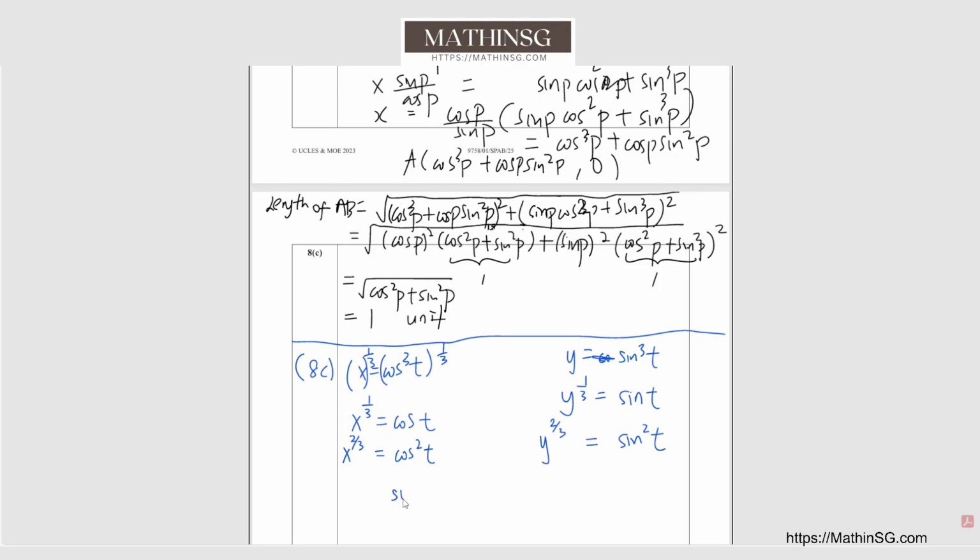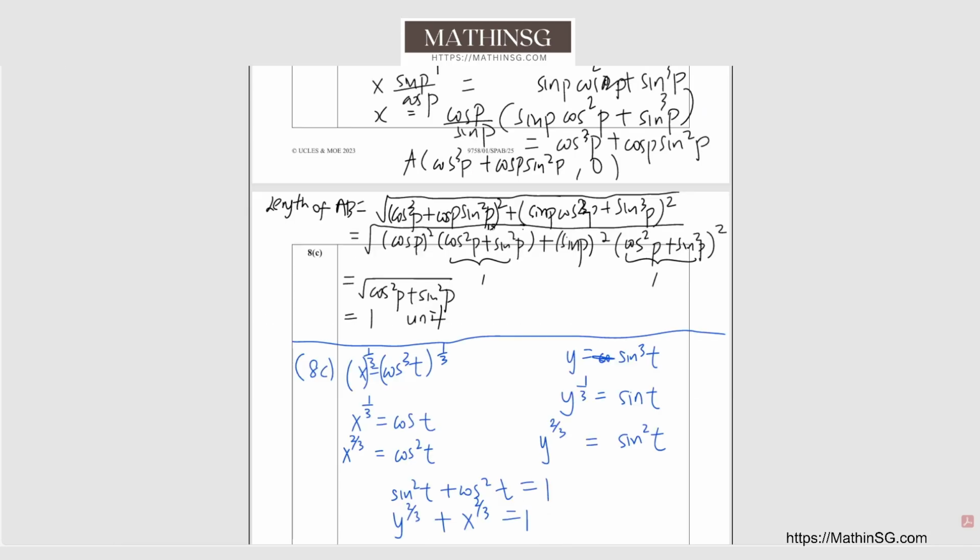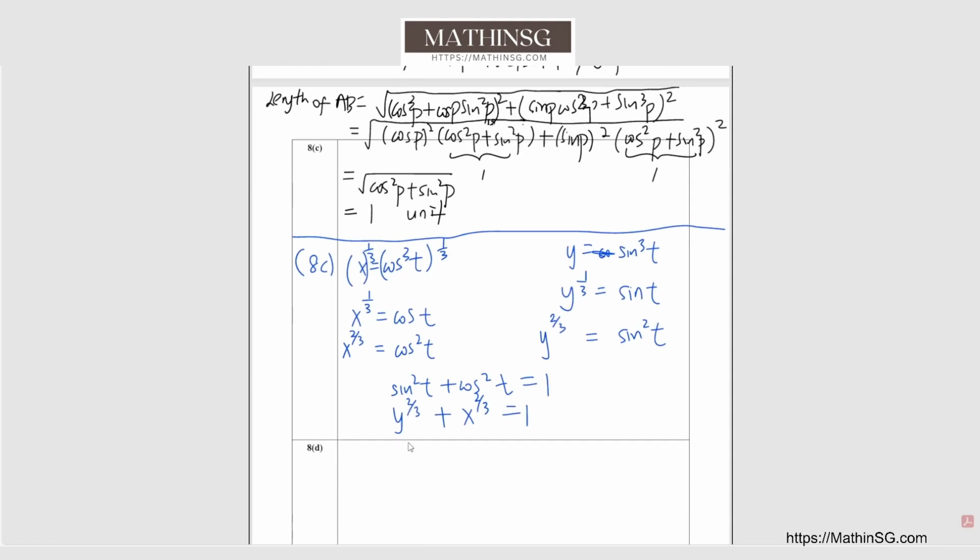Now I know that sine squared t plus cosine squared t is equal to 1 by trigo identity. So y to the power of 2/3 plus x to the power of 2/3 is equal to 1. So I have shown this Cartesian equation. Okay, so let me write it the way they want. x to the power of 2/3 plus y to the power of 2/3 is equal to 1, shown.